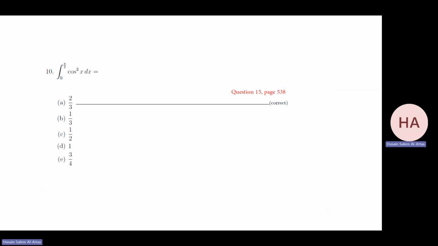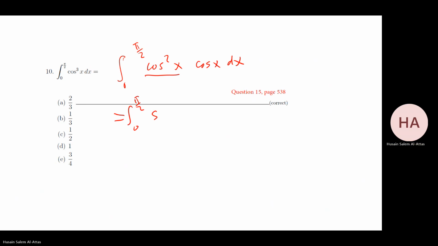Cosine cube, cosine is odd, that's easy. 0 to pi/2. I take one cosine out, this changes to sine. That will be 1 minus sine squared x, cosine x dx.